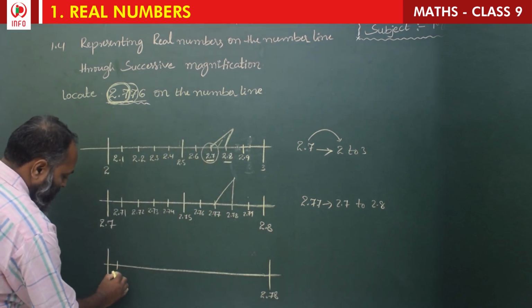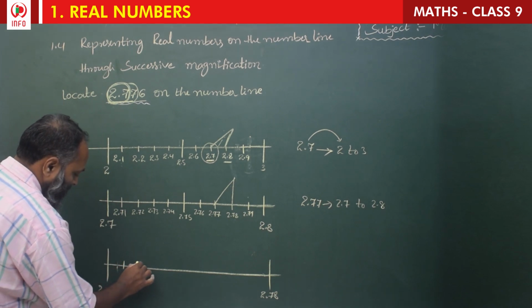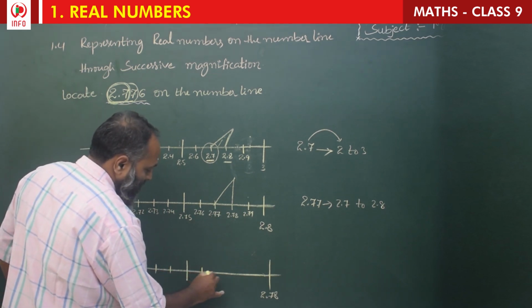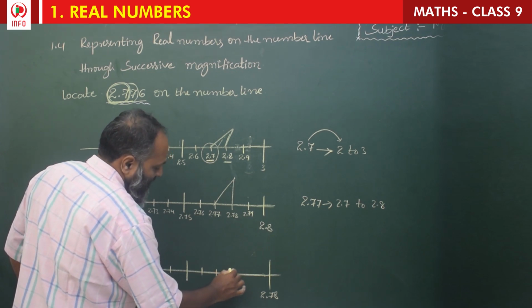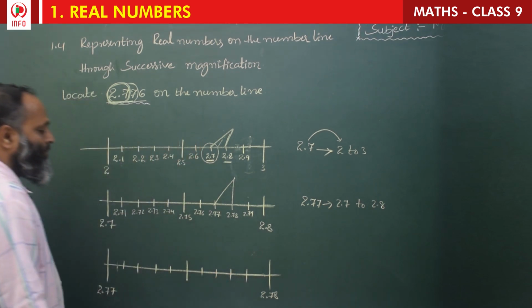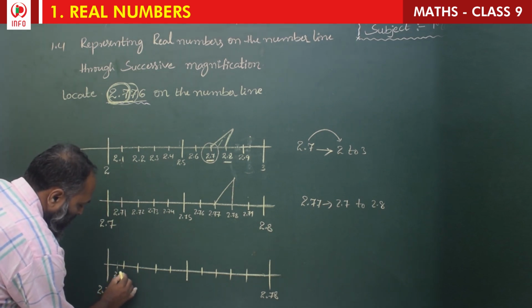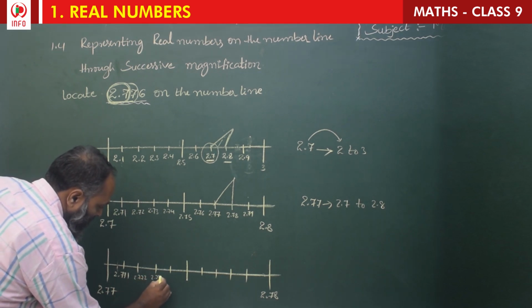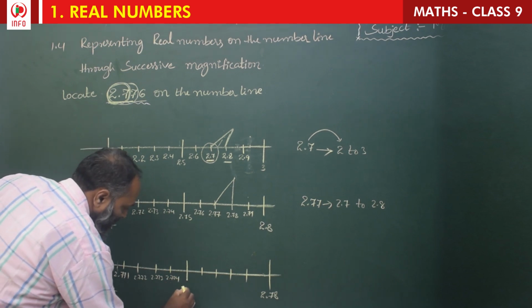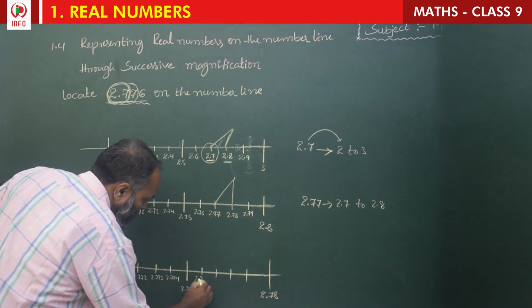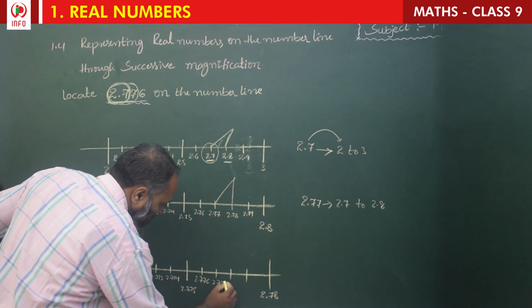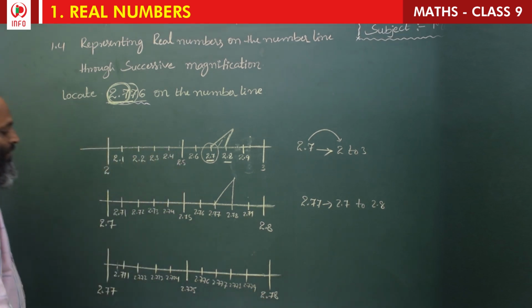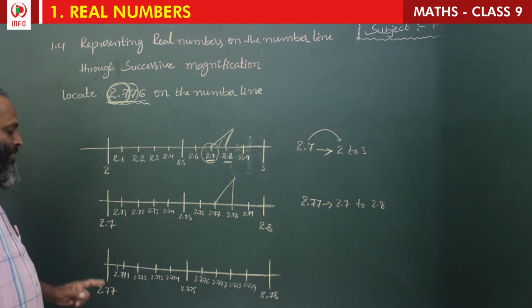Now 2.771, 772, 773, 774, 775, 776, 777, 778, 779, 2.780. 780 means 78.